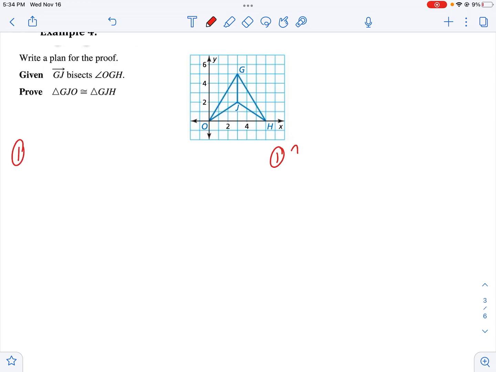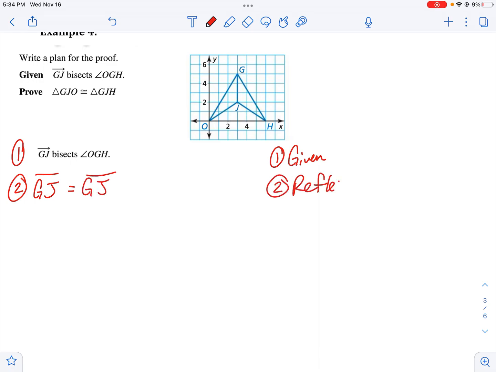So step one would be my given step. I've got GJ bisects OGH. That's given. I've got GJ is congruent to GJ by the reflexive property. And from here, the proof looks pretty similar to what we've done in the past without coordinates.